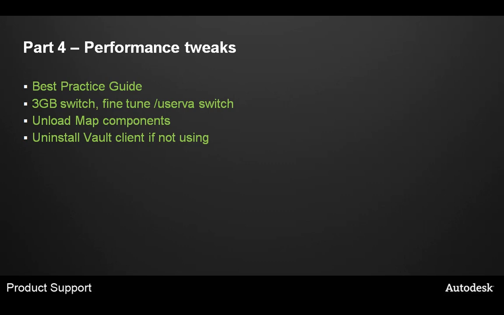Okay. Then we also have a solution on our knowledge base about unloading the map components. So if you find that you're using Civil 3D and you're really not using the map functions very often, what you can do is set up a desktop shortcut where you can turn it off, so that when you start up Civil 3D, it will not load all of the map functionality.